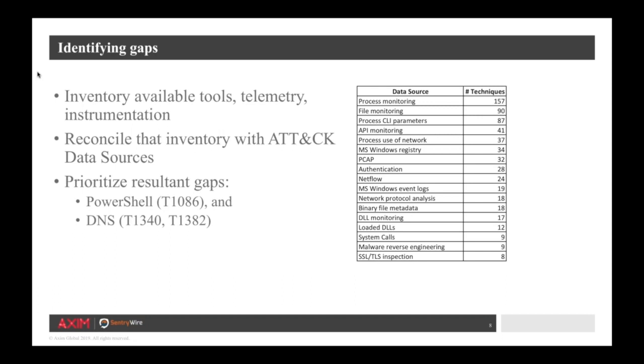So if the enterprise has a log correlation and aggregation tool like Elasticsearch or Logstash or Splunk, you can use that tool to check off the block in one of these data sources.